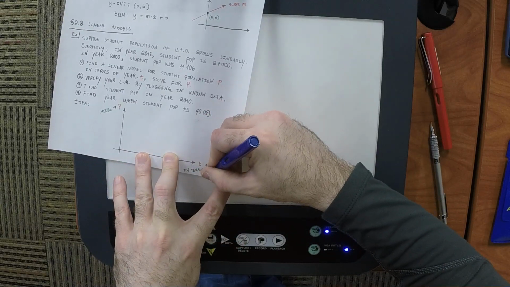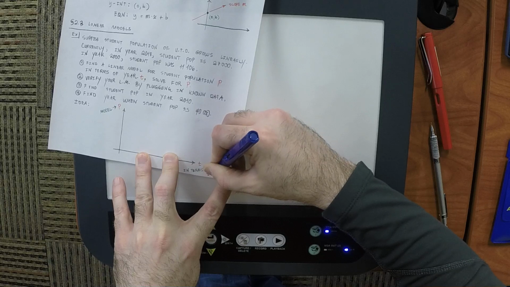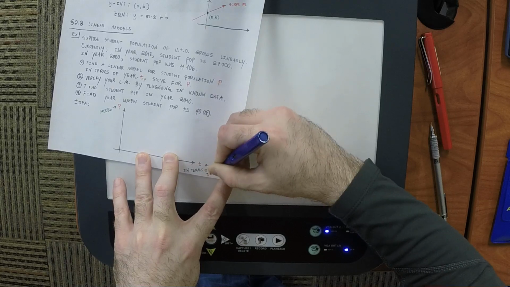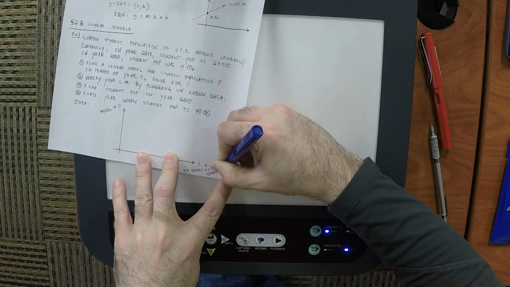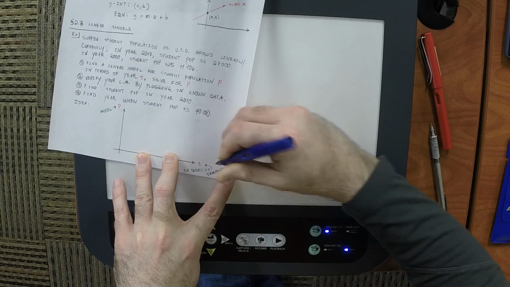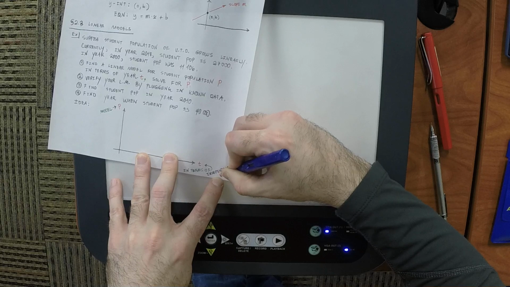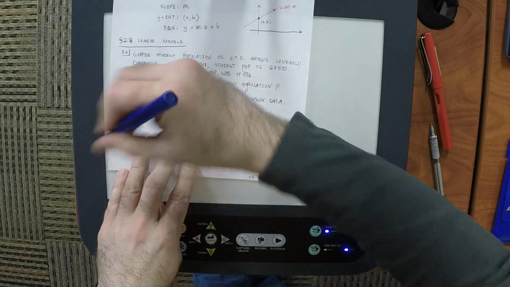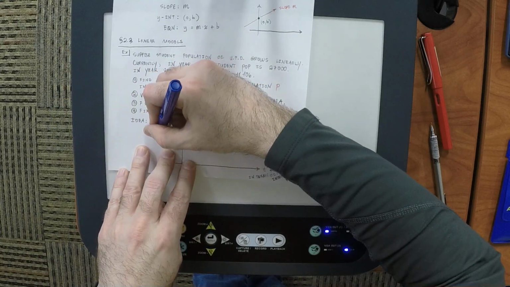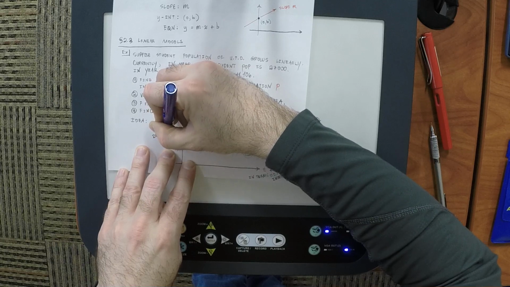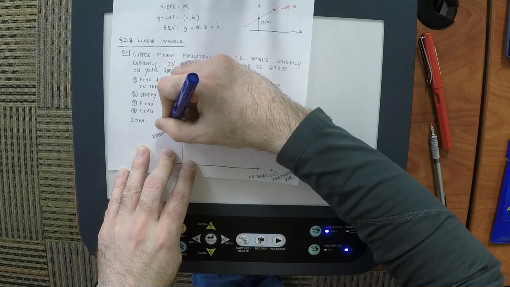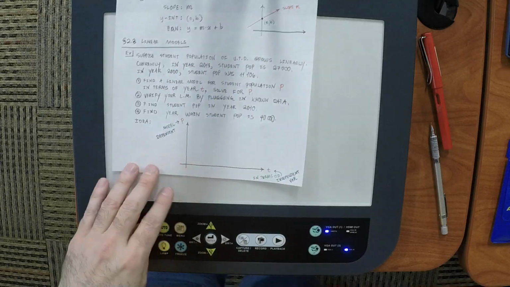So this is the independent variable. And then this one is the dependent variable.